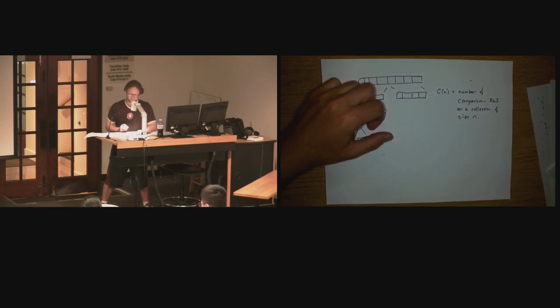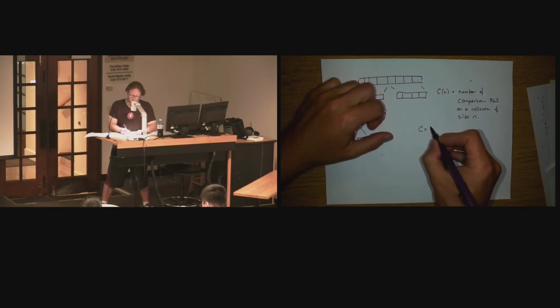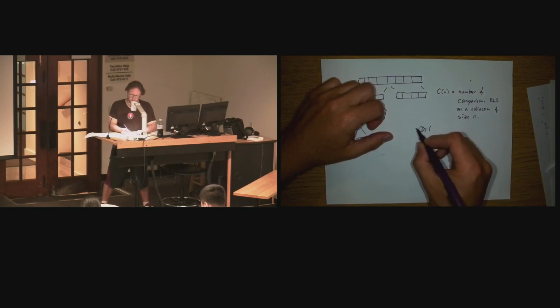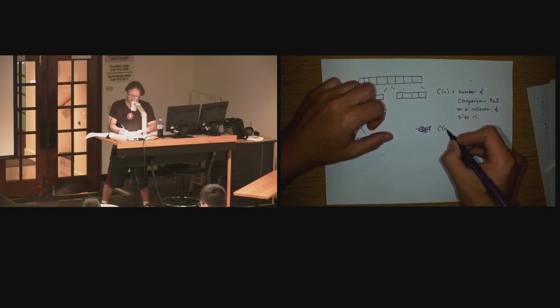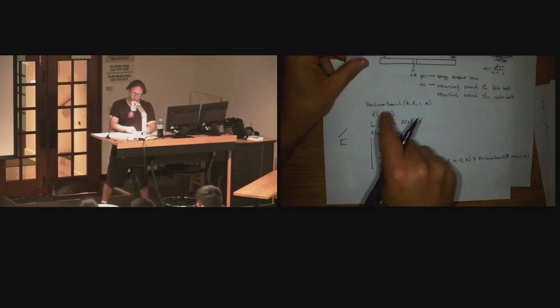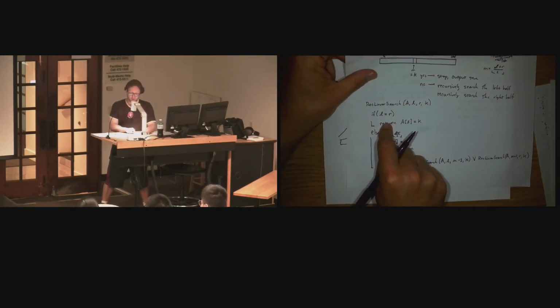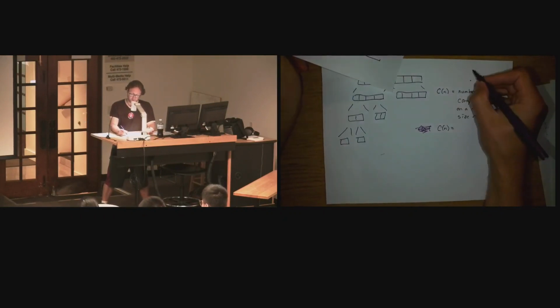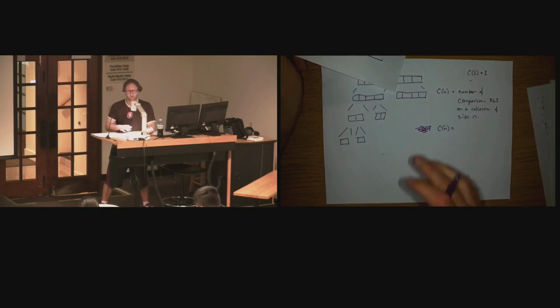Okay? So I need to get a hold on what C sub n looks like. Well, the base condition, C sub 1, I make 1 comparison.